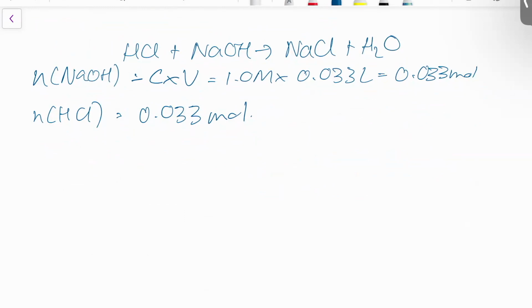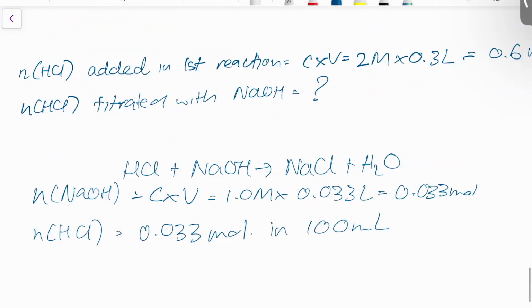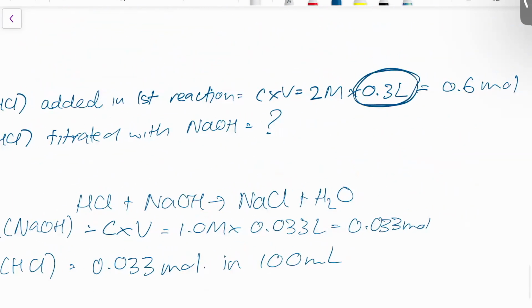But the issue is the 0.033 moles left over, that's in a 100 ml sample. The original amount of HCl that I put in, that wasn't a 100 ml sample, that was a 300 ml sample. So they must have done something in between the first reaction and the titration at the end.